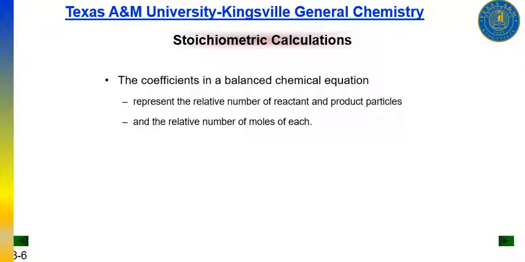Afterwards, we are going to determine the stoichiometric calculations. The coefficients in a balanced chemical equation have very important significance. The coefficients represent the relative number of reactants and products. The coefficients also relate to the number of moles of your reactants and products.